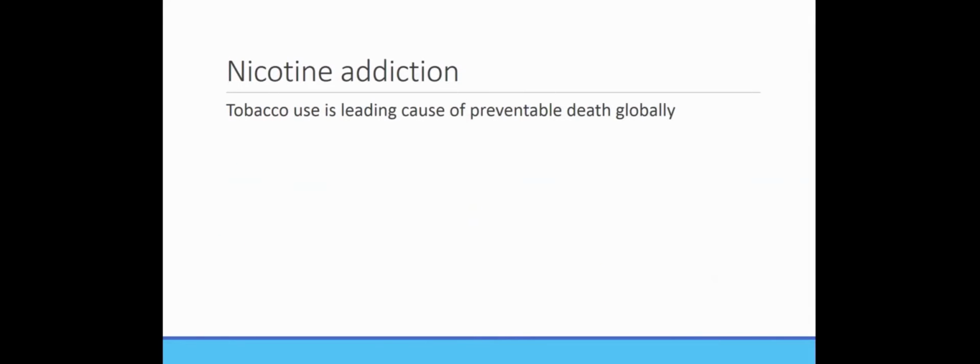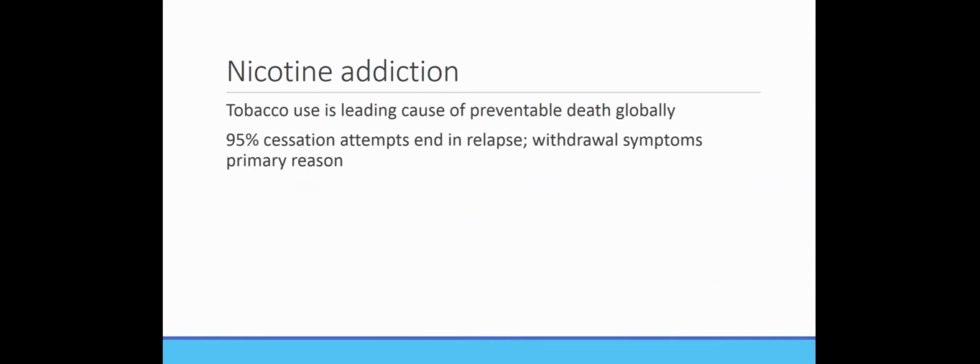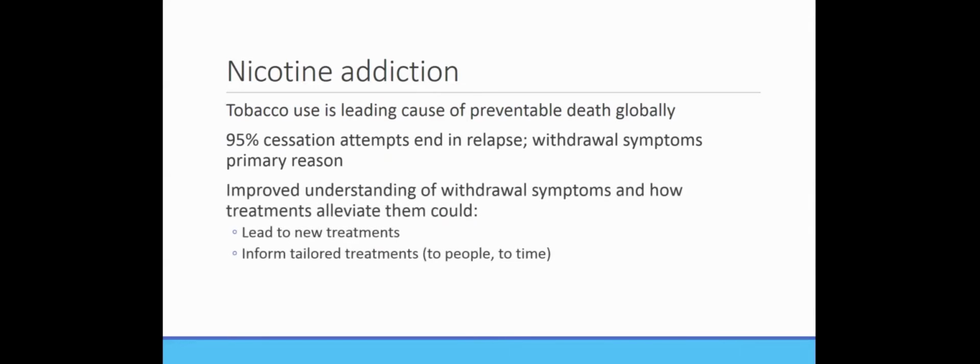We know that tobacco use is the leading cause of preventable death globally, and this is important. People try to quit all the time. 95% of cessation attempts end in relapse, with withdrawal symptoms being listed as the primary reason.